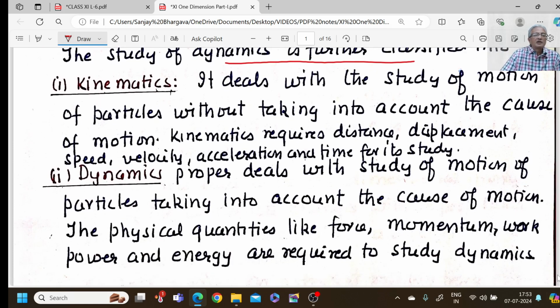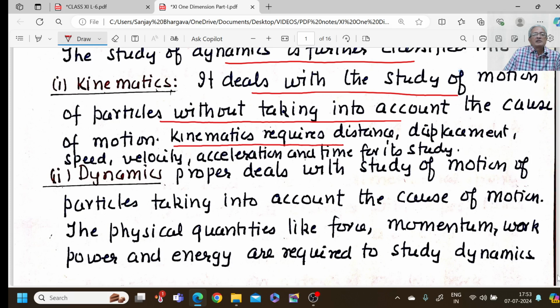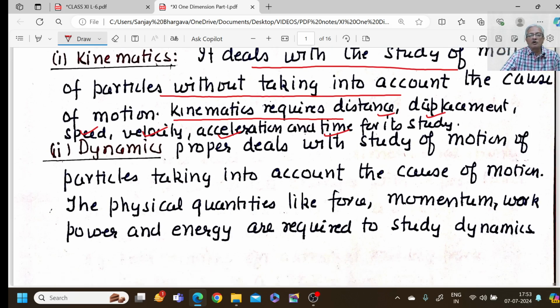Now let us define what is kinematics. It deals with the study of motion of particles without taking into account the cause of motion. Kinematics requires distance, displacement, speed, velocity, acceleration and time for its study. Dynamics proper deals with the study of motion of particles taking into account the cause of motion.